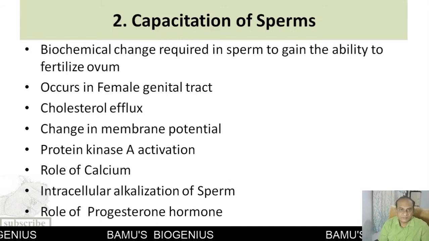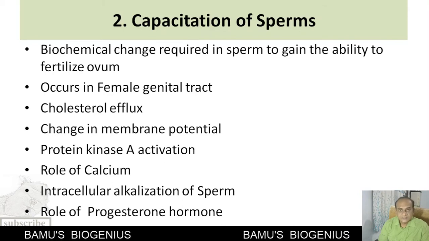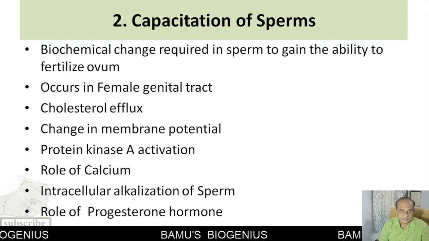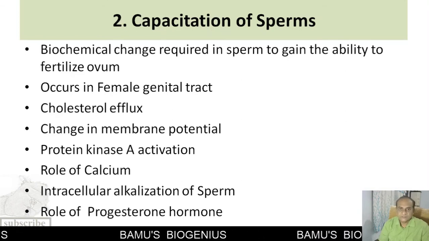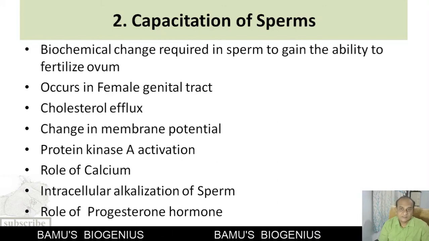In other words, the sperms are required to spend certain time inside the female genital tract so that they are exposed to its environment, certain chemical reactions take place, and these chemical reactions enable sperm to fertilize the ovum. So it is nothing but a kind of capacity building of sperms.